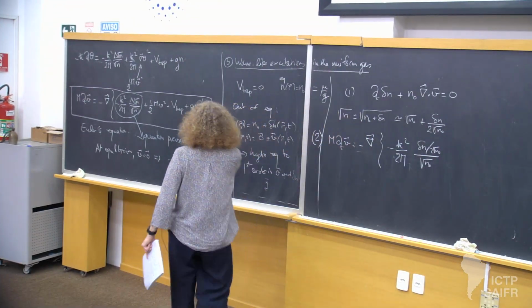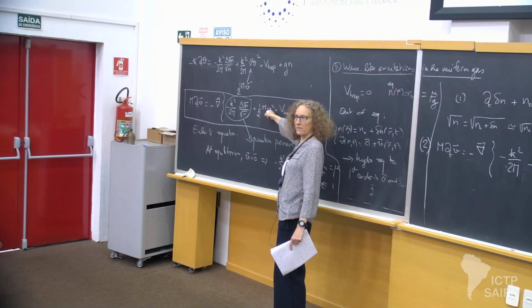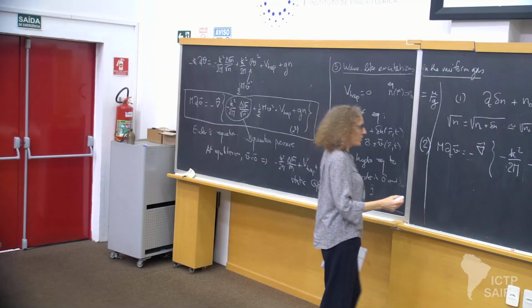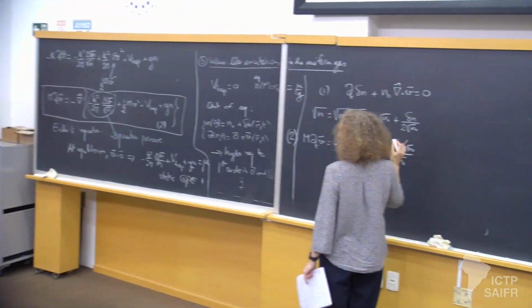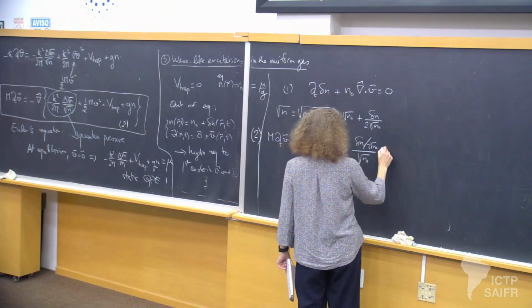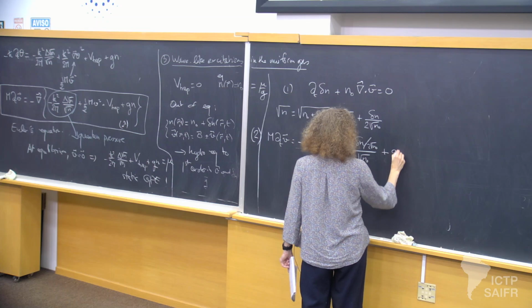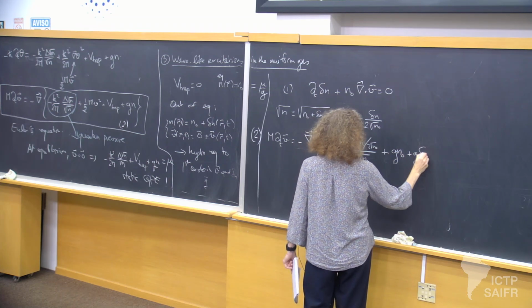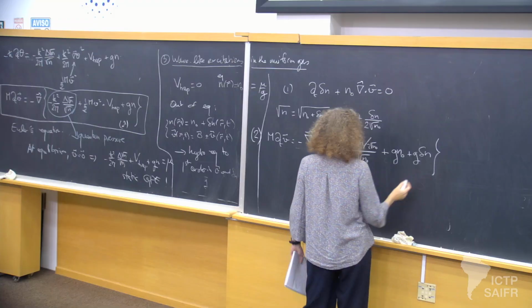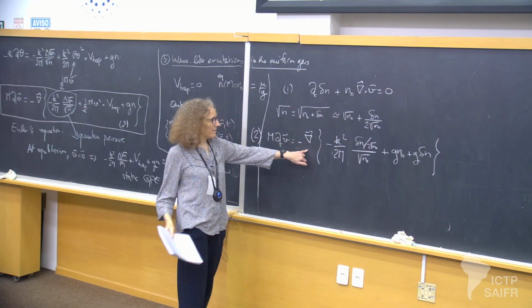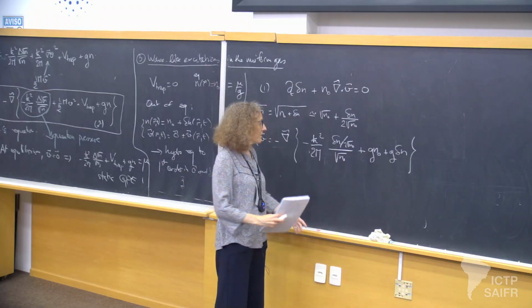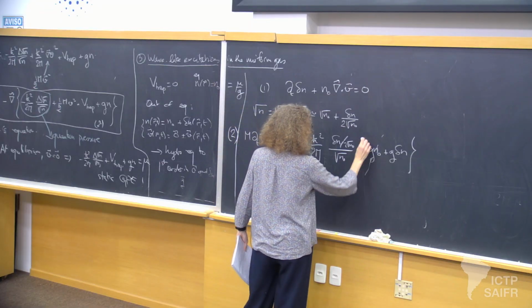Then this term is of order 2. It's v squared. I forget about it. And I have V trap, which is still there, which is 0, sorry, because it's a uniform case. And then it is g n0 plus g delta n. But at the end, I will take the gradient, and so this is constant. So the gradient of this will go away.